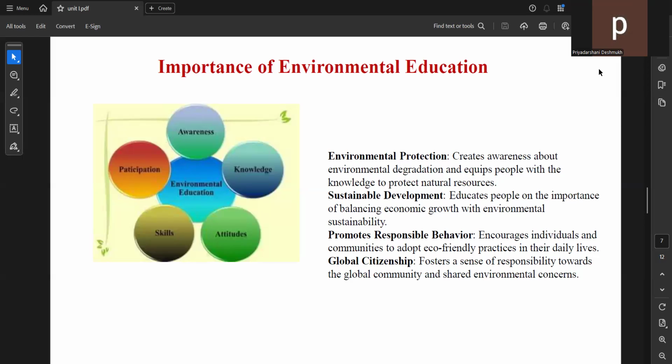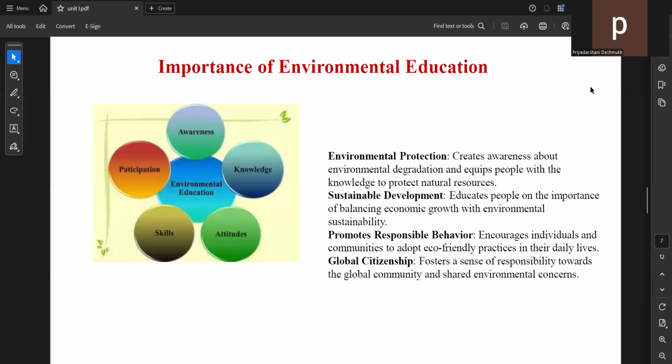Again, we have to encourage individuals and communities to adopt eco-friendly practices in their daily lives, which promotes responsible behavior. And lastly, global citizenship fosters a sense of responsibility towards the global community and shared environmental concerns.